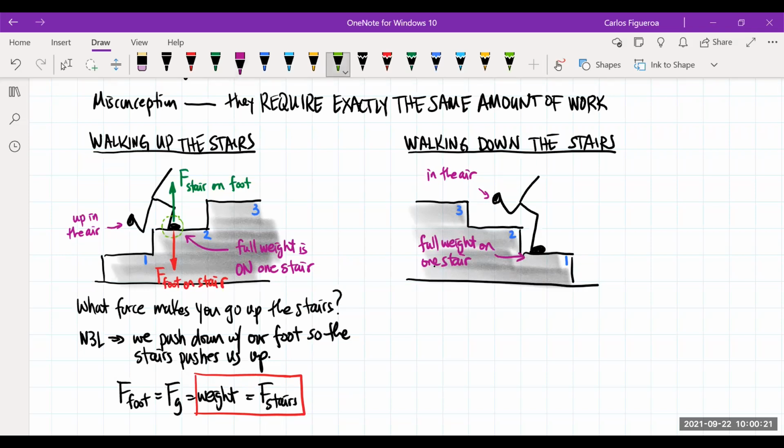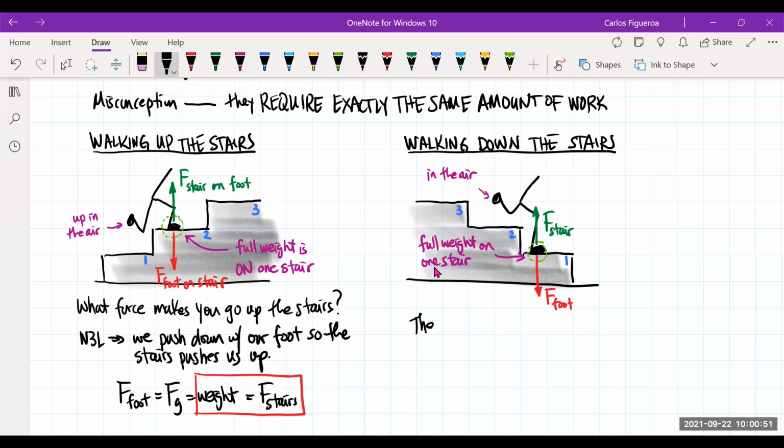So again, if I analyze it exactly the same way as I did before, we can see that there is the force of the foot pushing down, and as a consequence, it's the stairs that push us up here. So as I come down, these forces are equal again.